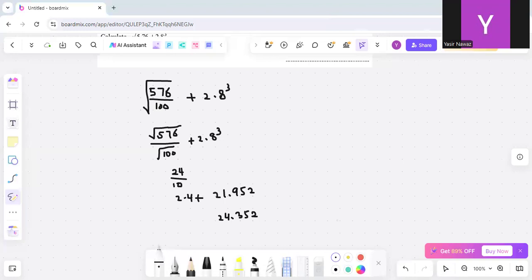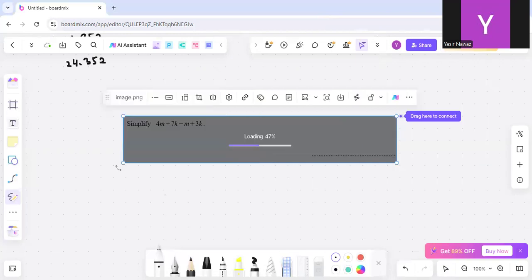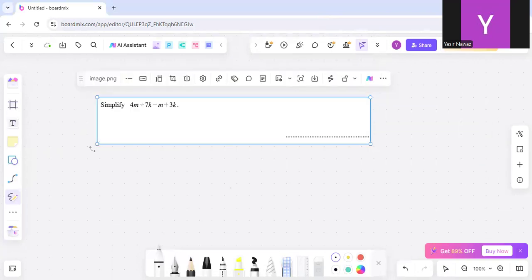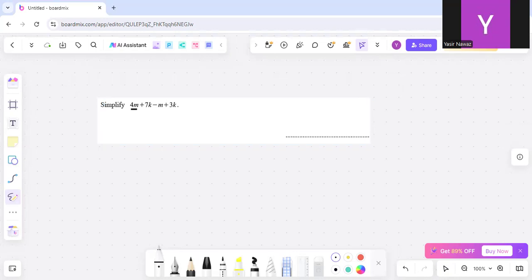The next question is simplify. So that's simplifying an algebraic expression. It's 4m minus m. So the coefficients of those terms which have the same letter or letters can be added. Here the letter is m, here the letter is m.